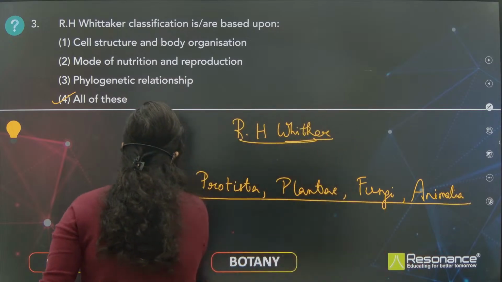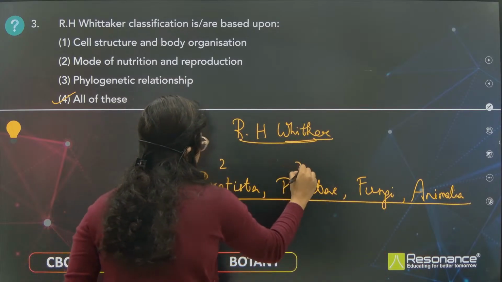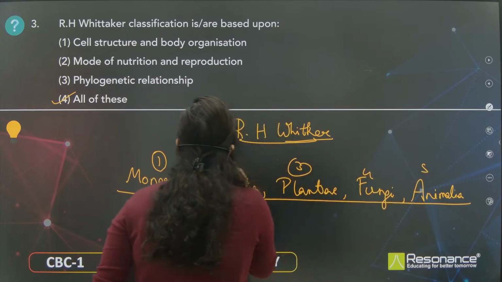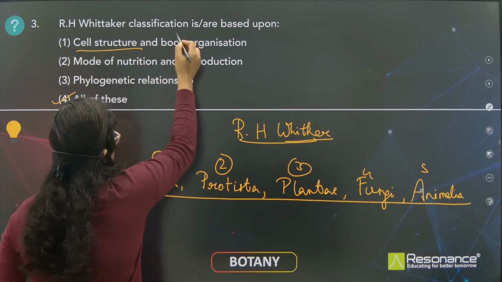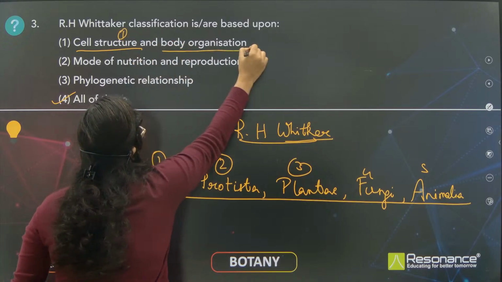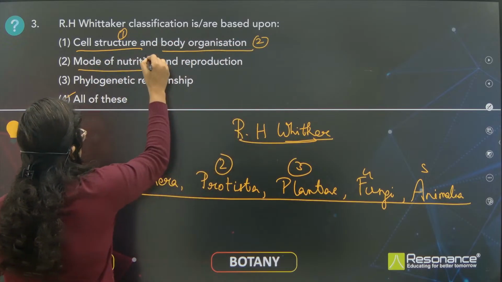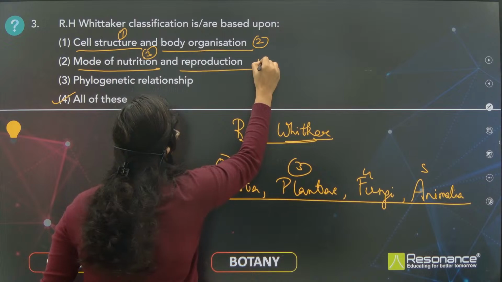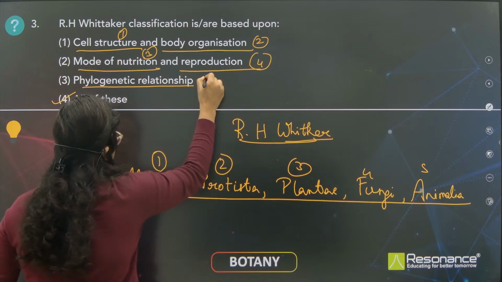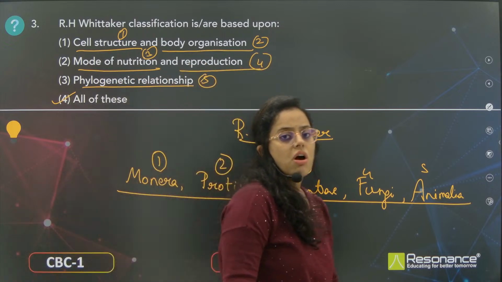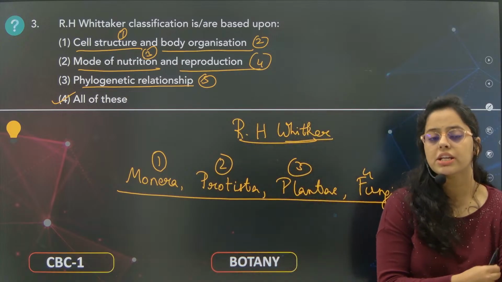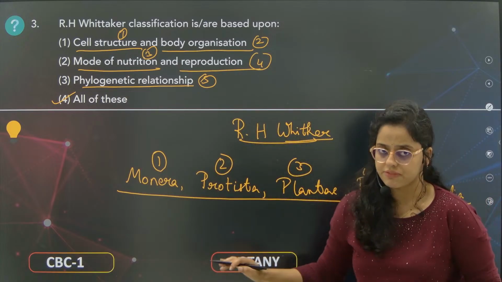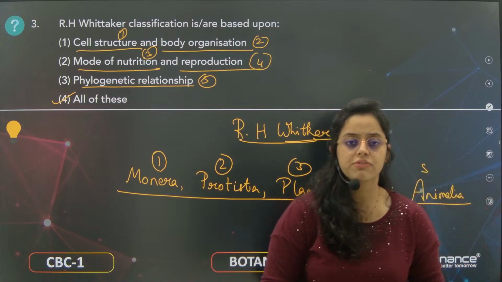All these are the 5 kingdoms. These are based on these characteristic features: cell structure, body organization, mode of nutrition, reproduction as the 4th characteristic feature, and phylogenetic, evolutionary relationship. Okay, all these 5 characteristic features are taken in consideration for 5 kingdom classification. So the answer is going to be all of these.